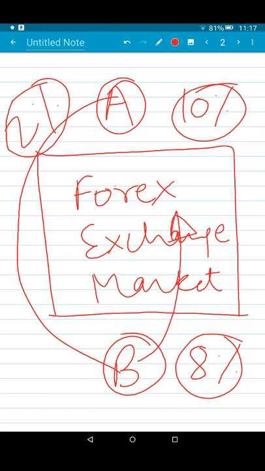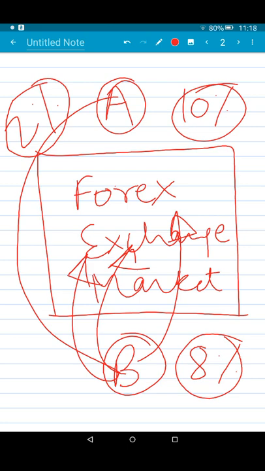It's not like only a single investor will go. Several investors from country B will approach the foreign exchange market. As a result, since there are several investors asking for the currency of country A, the demand for currency A in the foreign exchange market will increase.